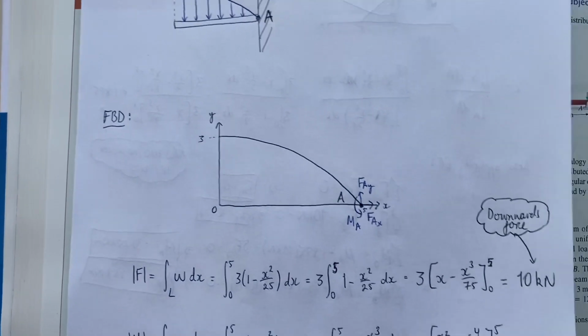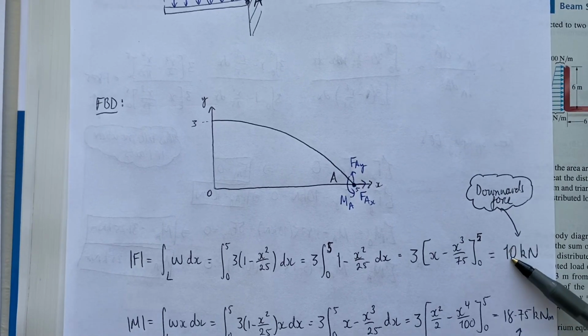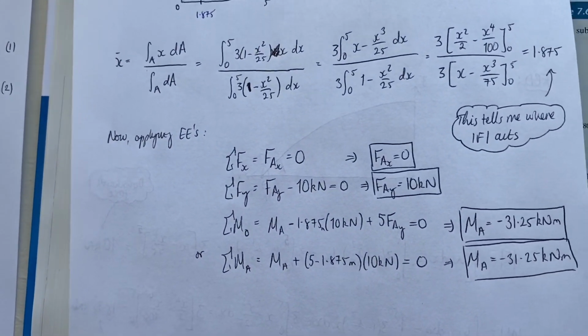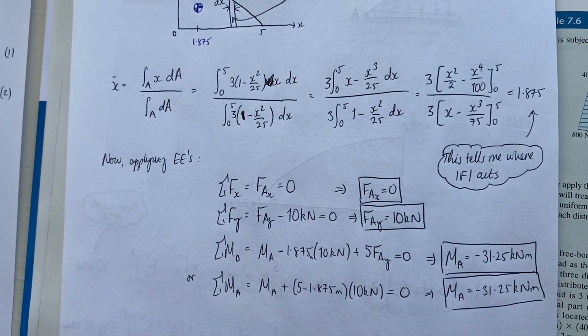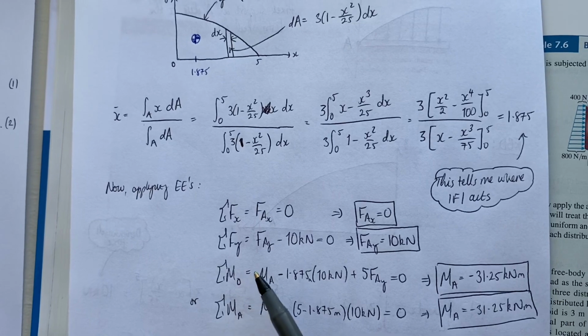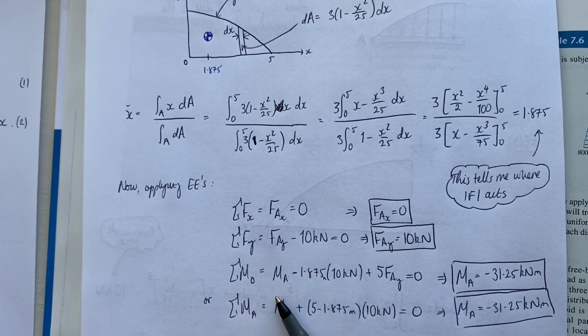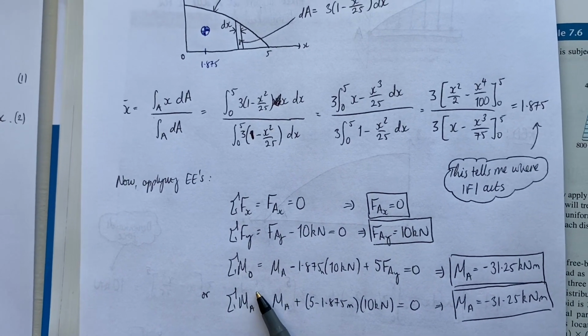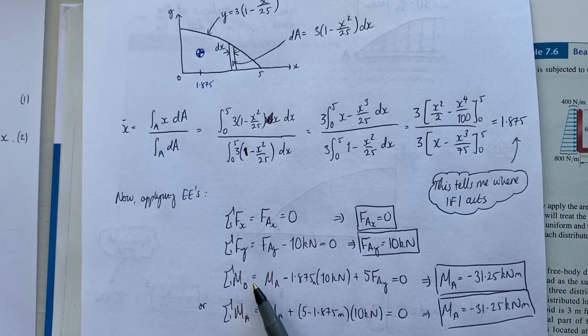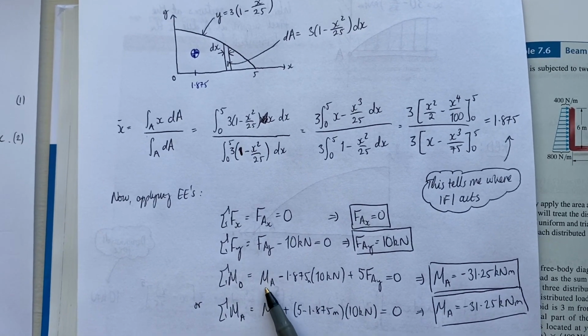That's from here. But now if I consider what happens when I sum the moments, I don't have the moment only associated with the origin. So if I sum the moments about the origin this time, I have MA due to the fixed support at A.